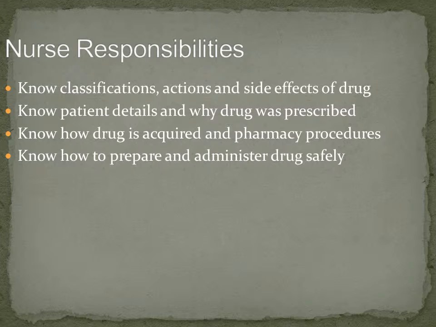We need to know how to prepare and administer that drug safely, and if we have to reconstitute that drug or prepare it with another kind of solution. We often reconstitute Rocephin, for example, which is an antibiotic, with lidocaine. So understand those things.